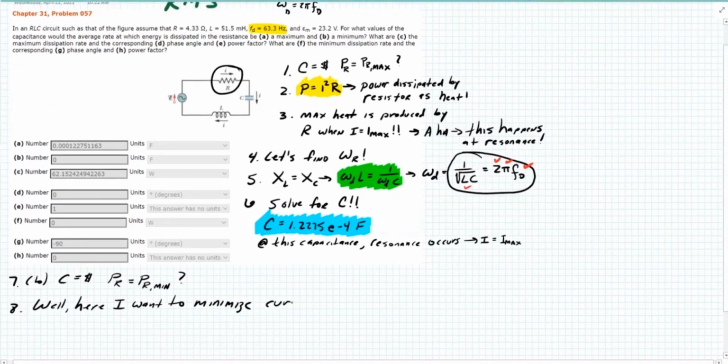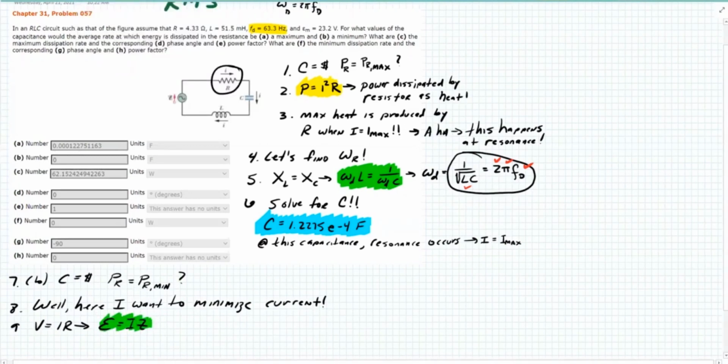So if I minimize the current, I'm going to minimize the heat that gets produced by the resistor. So here's my expression for current, number 9. Well, Ohm's law says V equals IR, but let's personalize it for AC. So in AC, I say EMF equals I times impedance. So this is AC Ohm's law.